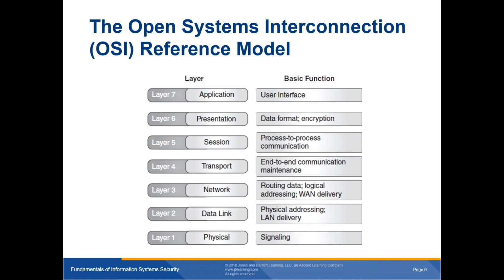Now, another point about the OSI reference model is that using it allows us to break the process of sending a message from one computer to another into these 7 distinct layers. It allows us to work in the idea that if you have a problem, you can isolate it to one of these layers.